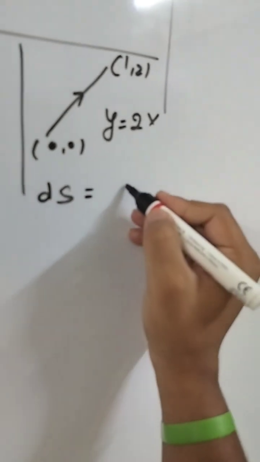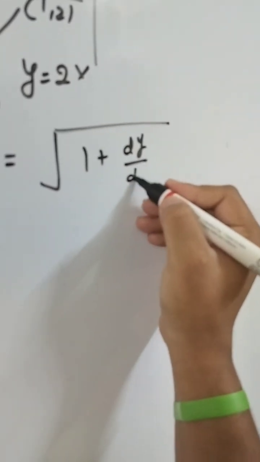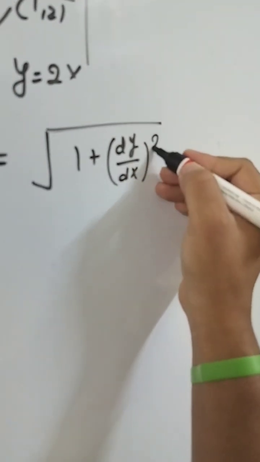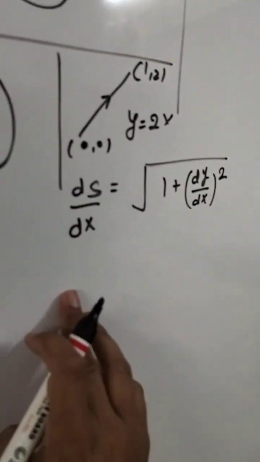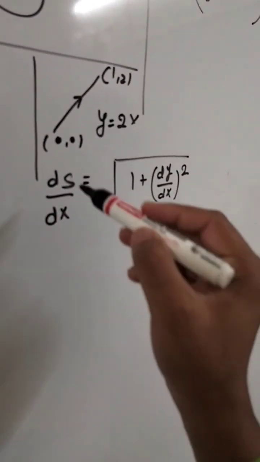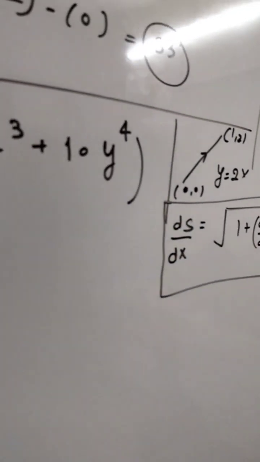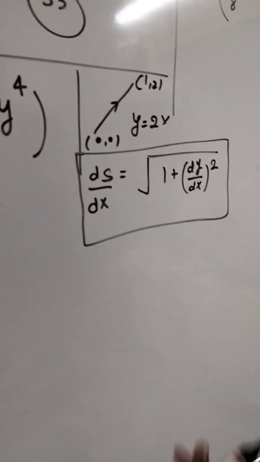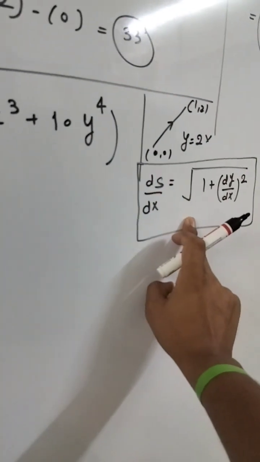And ds equals something like this, square root of 1 plus dy by dx whole square. This was ds by dx, like this. If you have not seen this earlier, I hope you must have seen, because many questions related to this have been asked in GATE already.